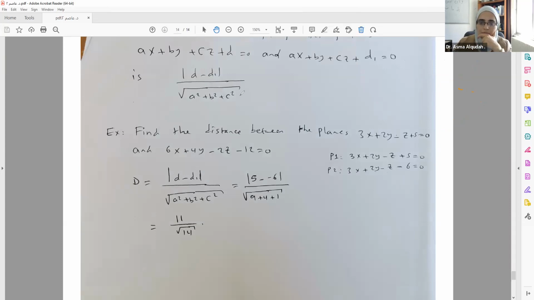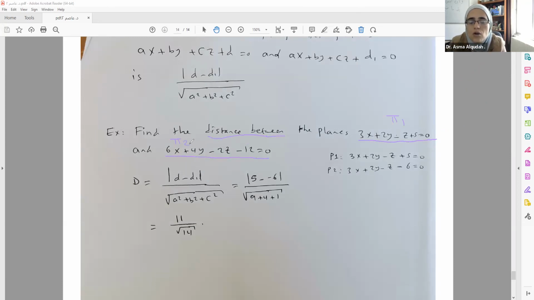The example is asking me to find the distance between two planes. Plane pi 1 is 3x plus 2y minus z plus 5 equals 0, and the other plane, pi 2, is 6x plus 4y minus 2z minus 12 equals 0.